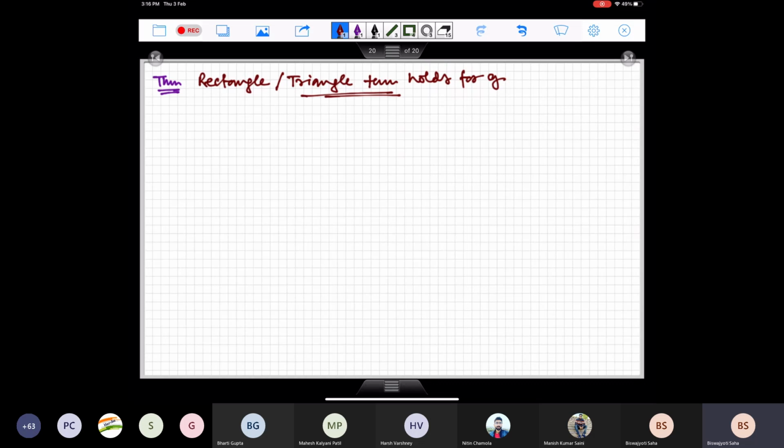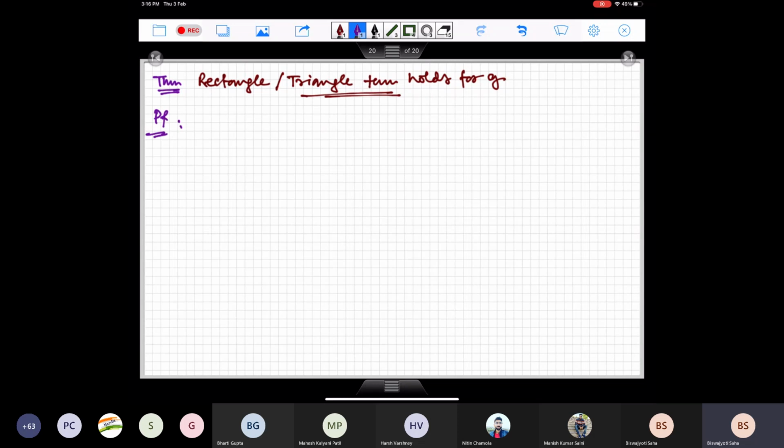So what I am going to do is take a triangle or a rectangle, and show that if you integrate g on that rectangle or triangle, you are going to get 0. This is my claim. Okay, fine. So let's quickly prove this.